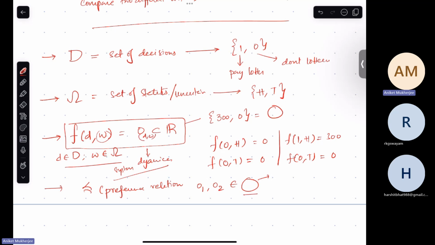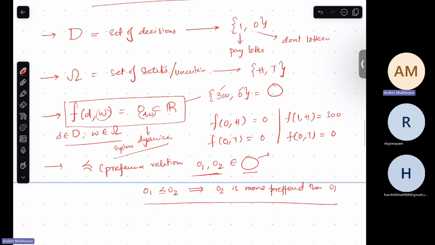So from the set of outcomes, you take O1, O2. Here, O1 could be 300, O2 could be 300. Then if I say O1 is less than or equal to O2, this implies O2 is more preferred. I want more outcome, more preferred than O1. You have a relation, you know that this outcome is more preferred than this outcome.